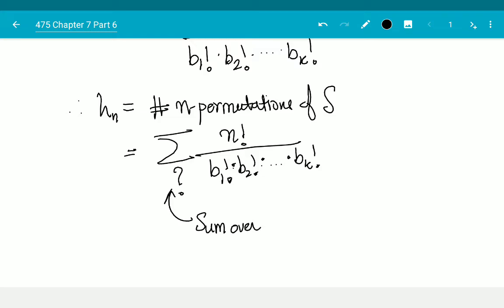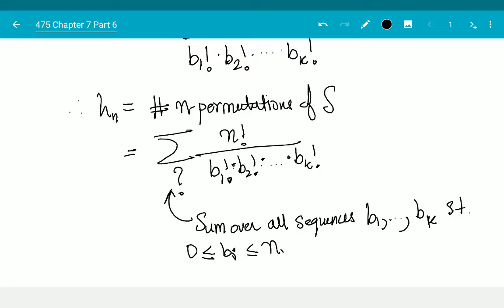Sum over all sequences b1 dot dot dot bk, sorry, not n, bk, such that 0 smaller than or equal to bi smaller than or equal to ni for every i in 1 to k.